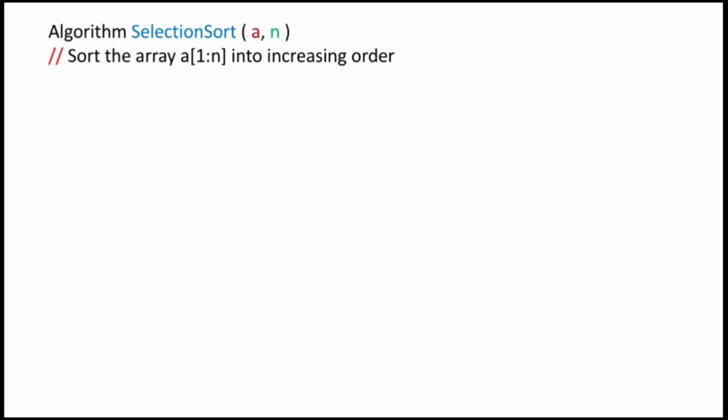So this comment tells that we are writing the algorithm to sort the array. Here the array index starts with 1 till the last value, that is n. So suppose n is 6, then there will be 6 elements starting from index 1 to 6.